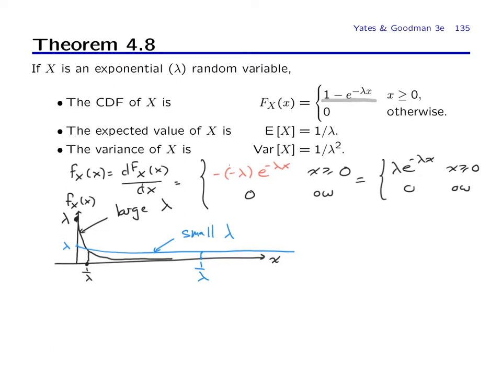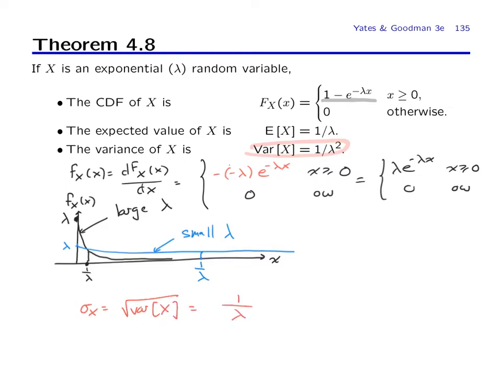Similarly, this is reflected in the variance. So the variance is 1 over lambda squared. And once again, the standard deviation, sigma x, is the square root of the variance of x. It's equal to 1 over lambda.